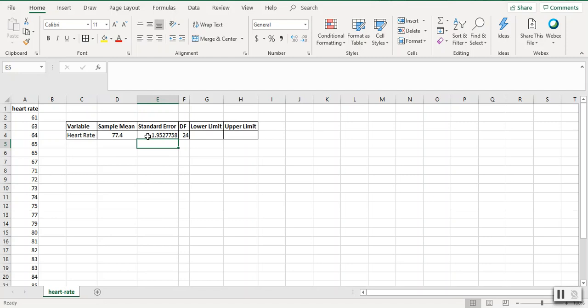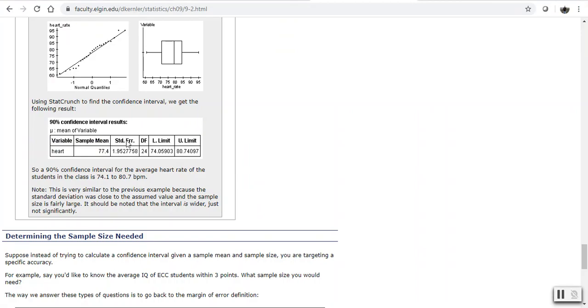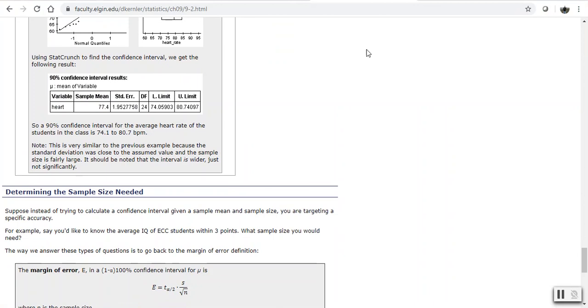And I get a standard error of 1.9527758, which is approximately what was calculated using StatCrunch.